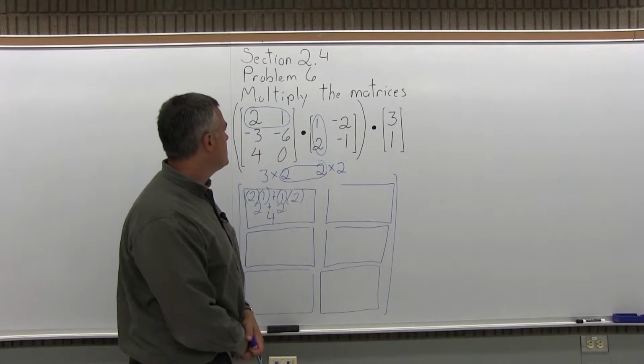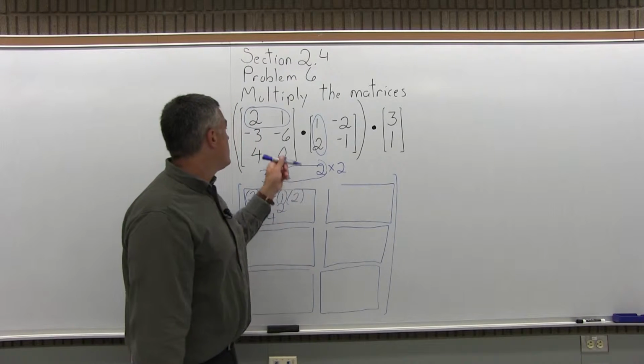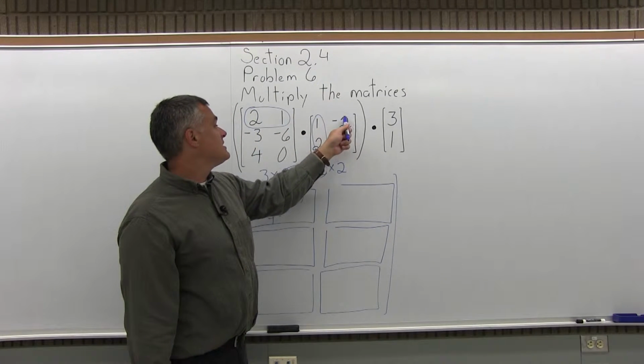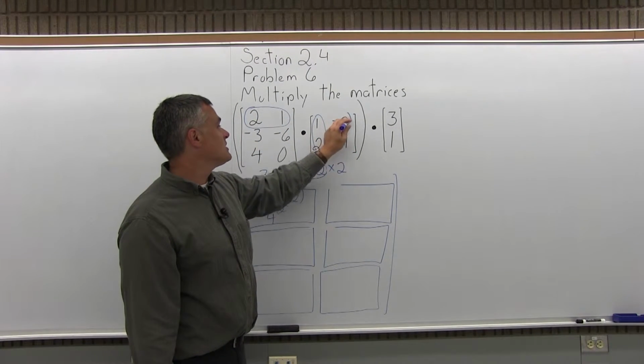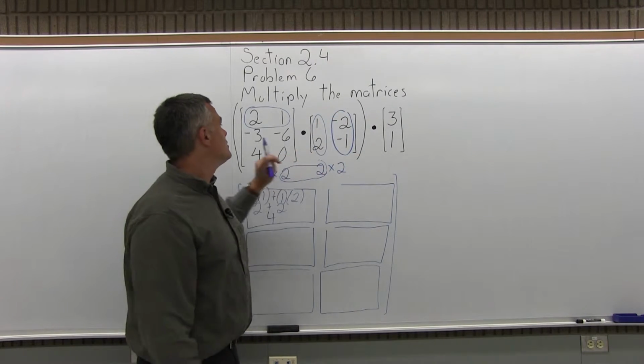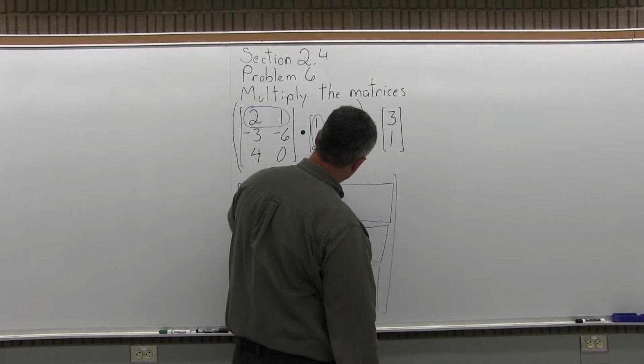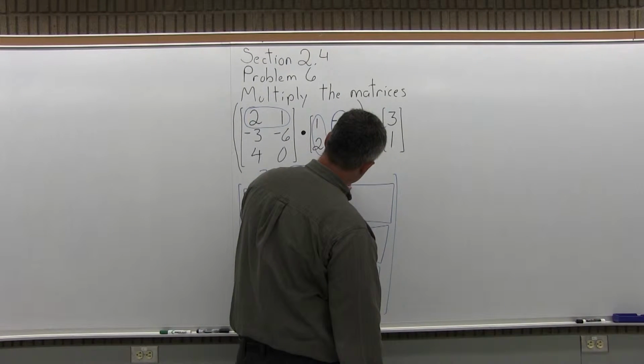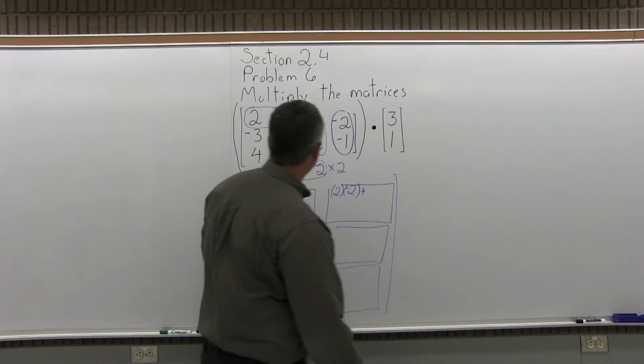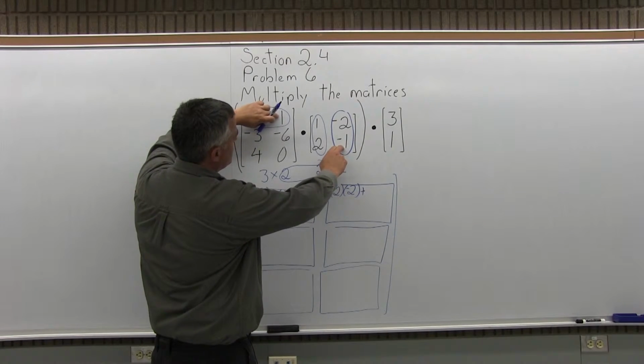Next I will multiply the top row of the first matrix, 2, 1, times the second column of the second matrix, -2, -1. So first times first is 2 times -2, plus second times second is 1 times -1.